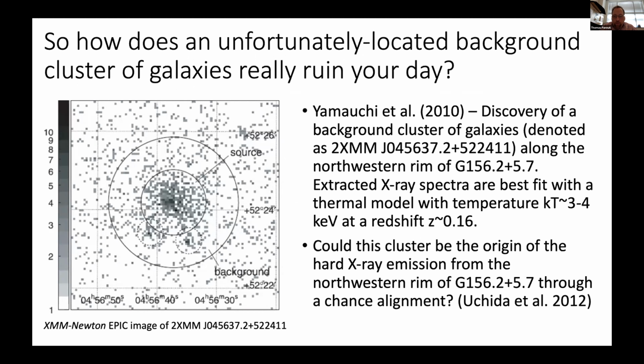So what was argued by Uchida was that the hard X-ray analysis of Suzaku spectra of this remnant was that the hard X-ray emission detected from this rim was not due to the remnant itself, but instead was due to this background cluster of galaxies here, which was just simply located along the rim. And I'll show you in the upcoming slides the location of this cluster here. So this was another complication we had to consider in trying to analyze the X-ray emission from this northwestern rim.